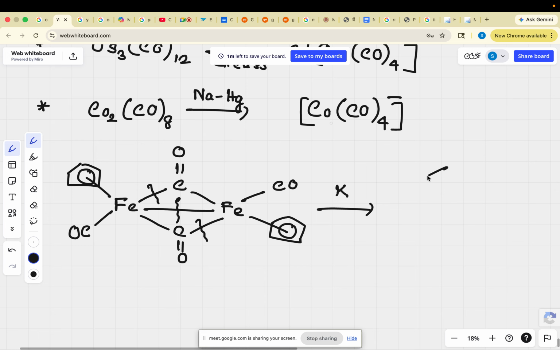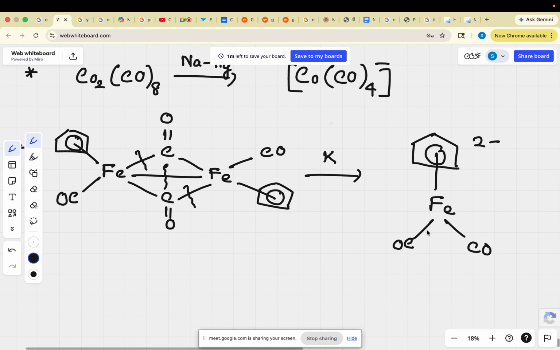You have the cyclopentadienyl ring, then you have the iron center. If I look only at this left side, you have two carbonyls attached here, right? If two bonds break, you will get two negative charge.